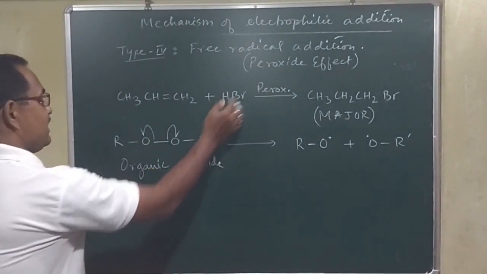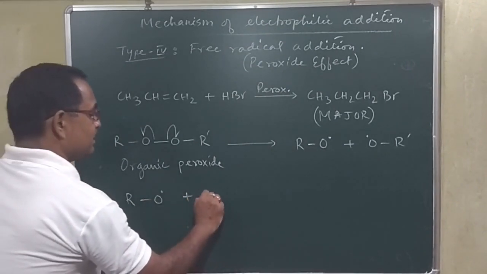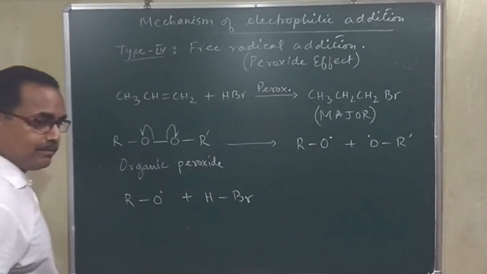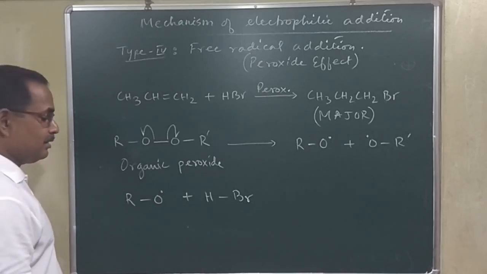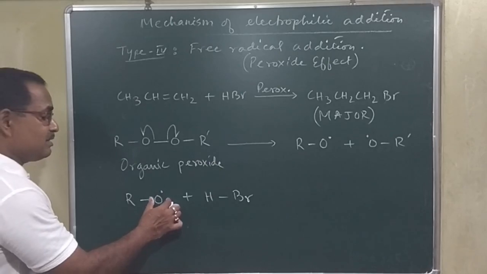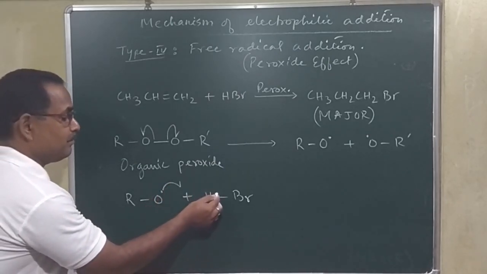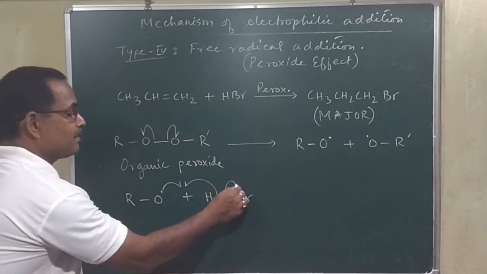Now here in HBr, here is hydrogen, is it not? The oxygen radical has the capacity to abstract hydrogen, so it will abstract hydrogen from HBr.